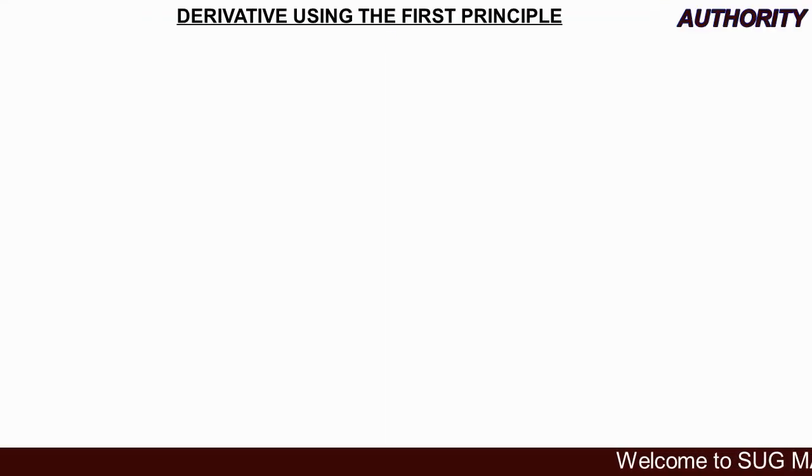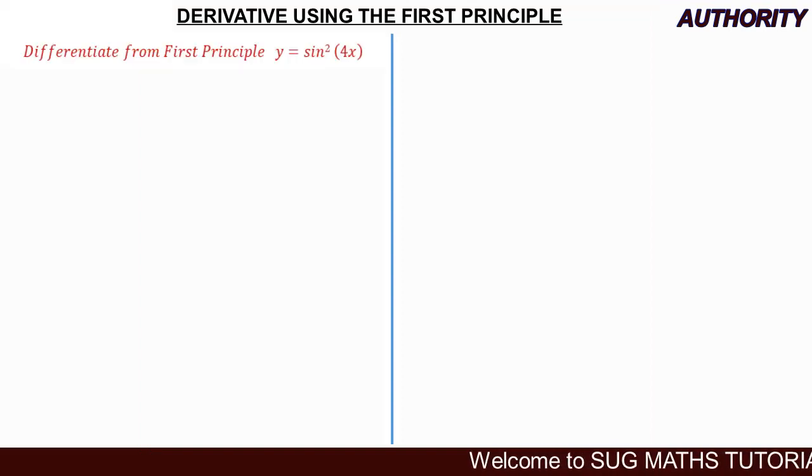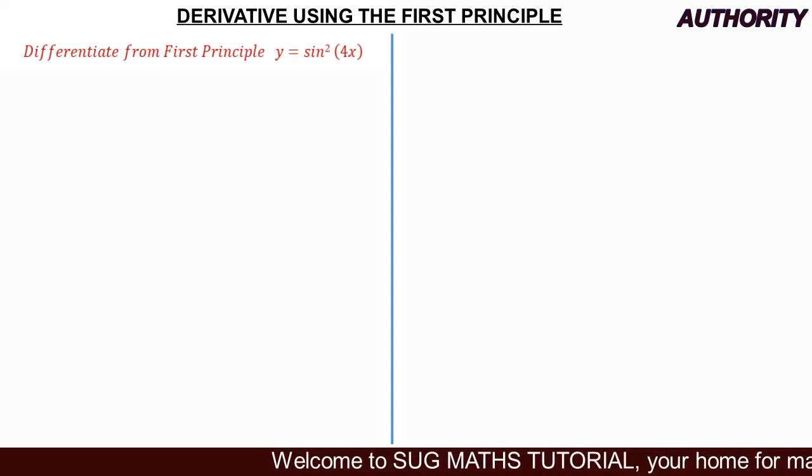Today, let's take a look at this interesting question. We are asked to differentiate from first principle y is equal to sine squared 4x.